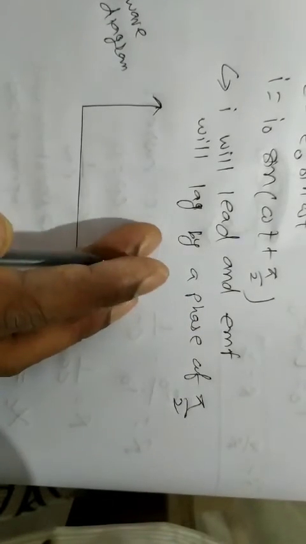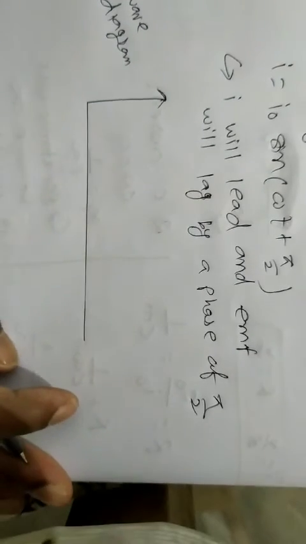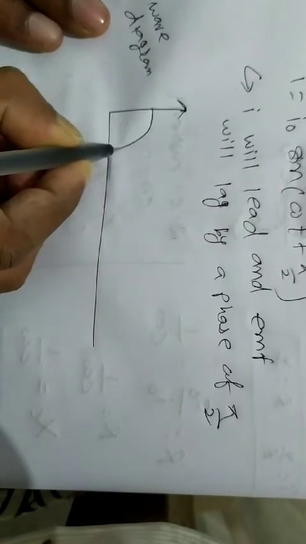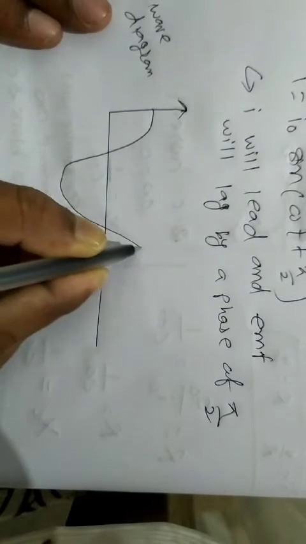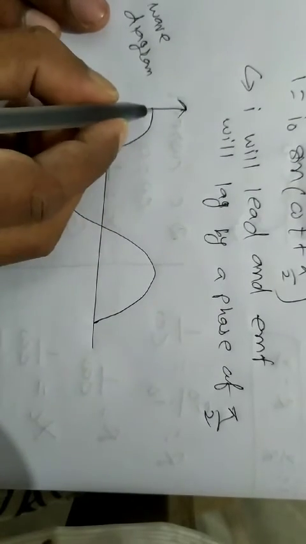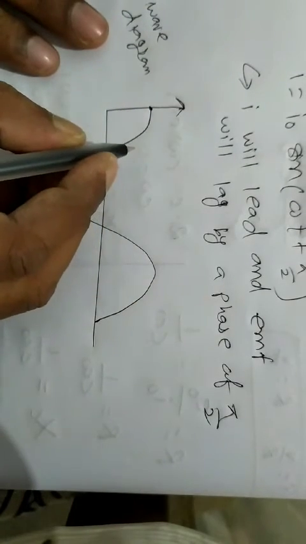Current is leading, so current peak will come first, then we will make the peak of EMF. And what will be the phase difference between both? Pi by 2. So first we will make the peak of current, and then we will make the peak of EMF.